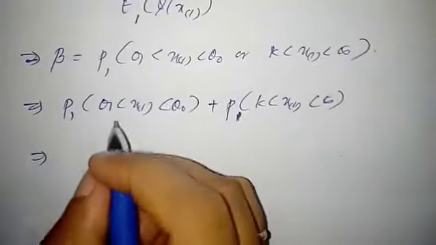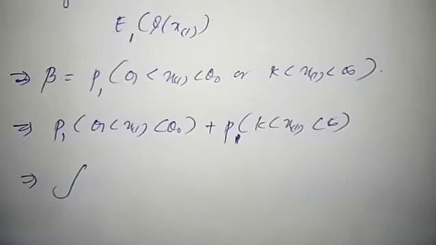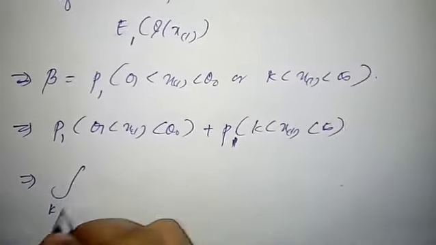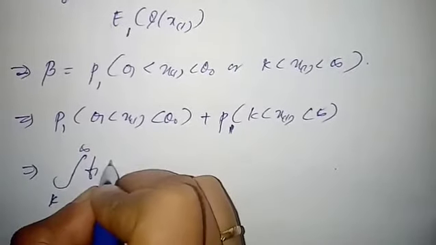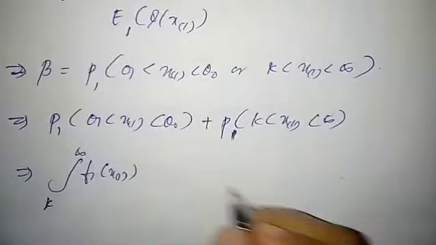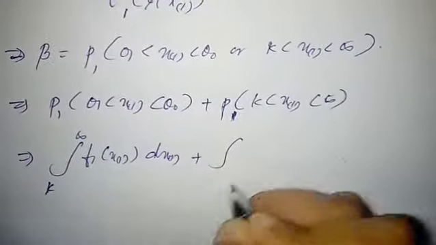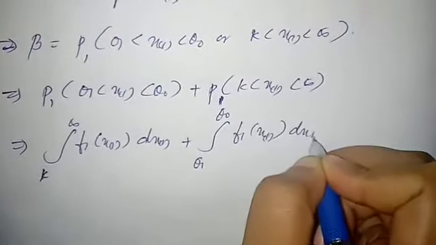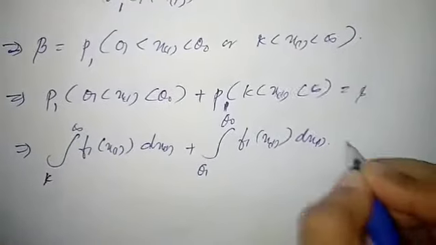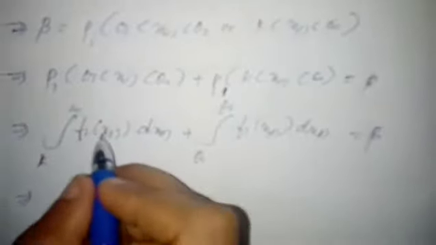This implies the integral over k to infinity of f1 of x1 dx1 plus the integral over theta 1 to theta naught of f1 of x1 dx1 is equal to beta. What is the density of the first order statistic?